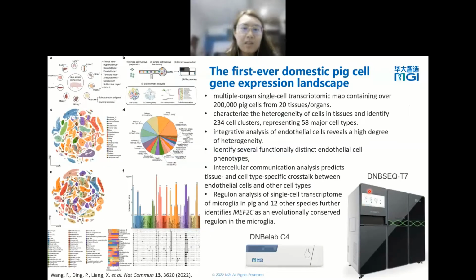Yep, and then this is a very recent paper, I think just released a few days or weeks ago. This is the first ever domestic pig cell gene expression landscape. If you recall, I mentioned earlier in the presentation that we do not necessarily just compare sample 1 and sample 2 and compare the expression.